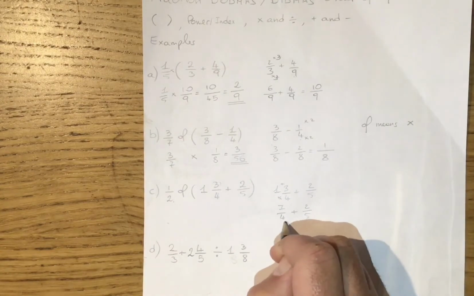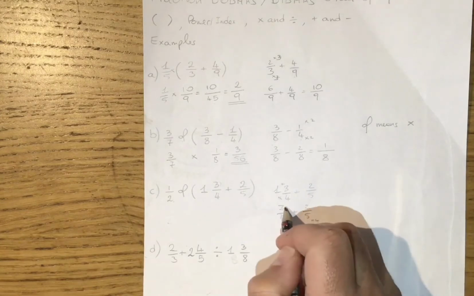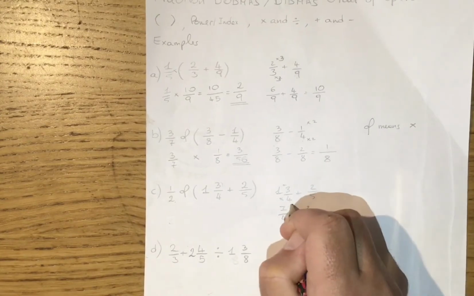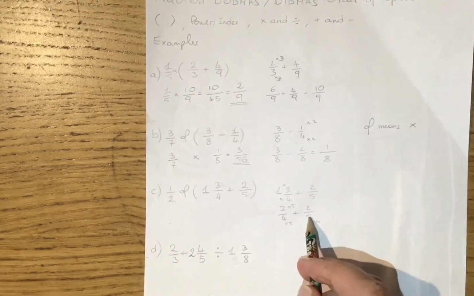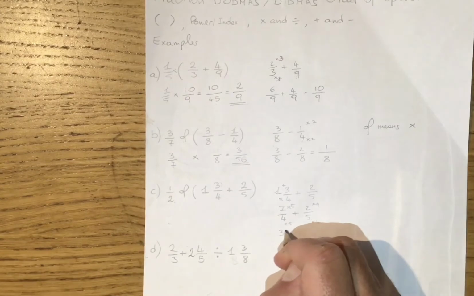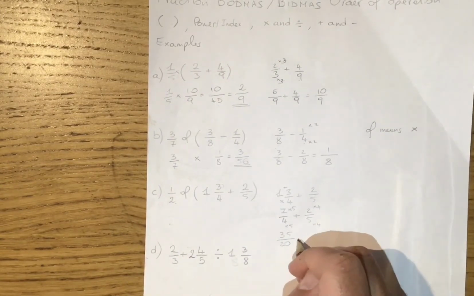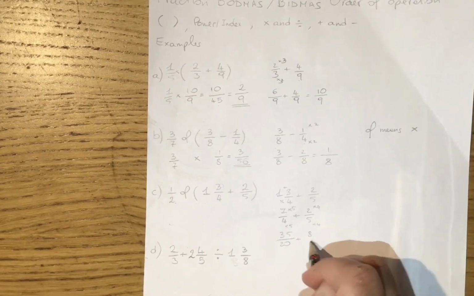I'm going to times this one by 5 and this one by 4. Since I timesed the denominator by 5, I times the numerator by 5, and since I times this one by 4, I times the numerator by 4. So 7 times 5 is 35, 4 times 5 is 20. 2 times 4 is 8, 5 times 4 is 20.